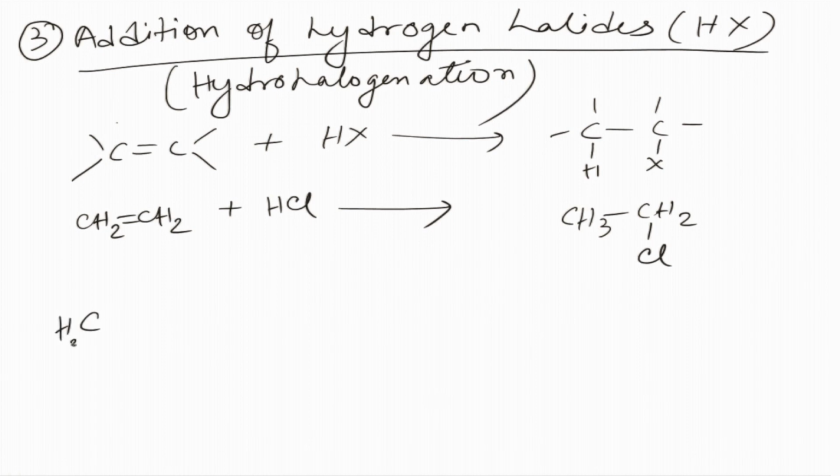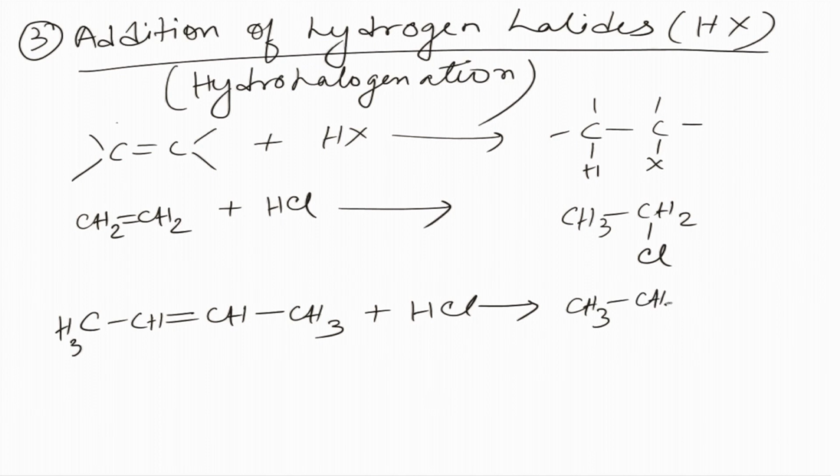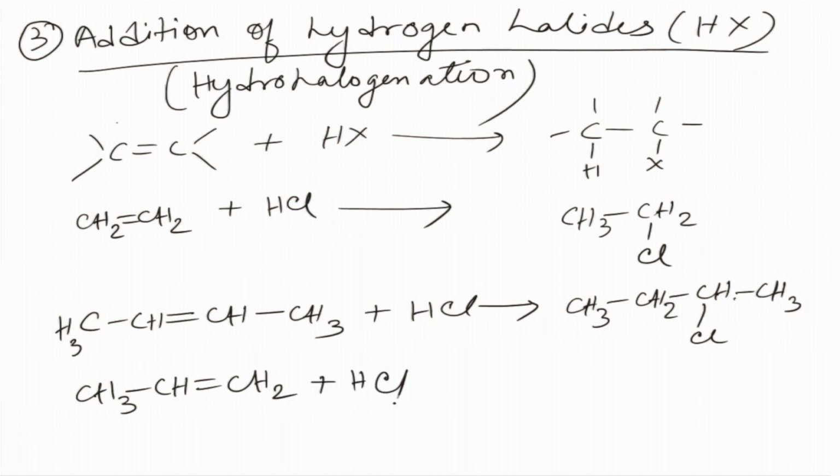If we take butene and react with HCl, so this will be the product. These were easy, but what will happen if we take propene? Propene plus HCl. Now, two possibilities are there.